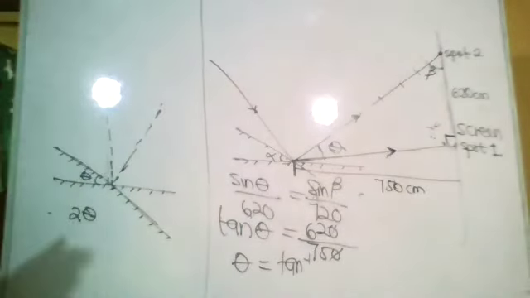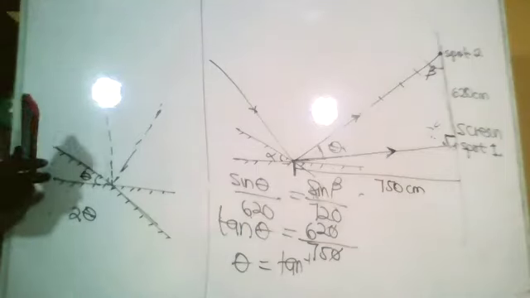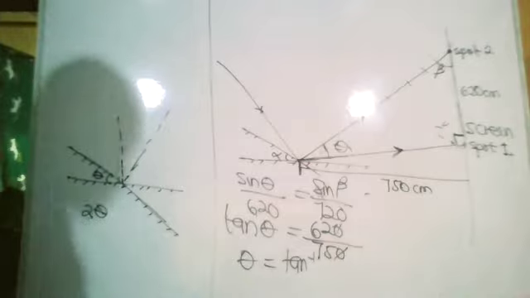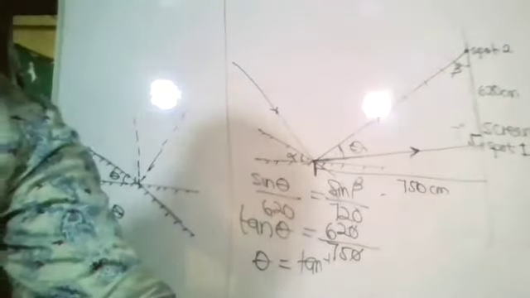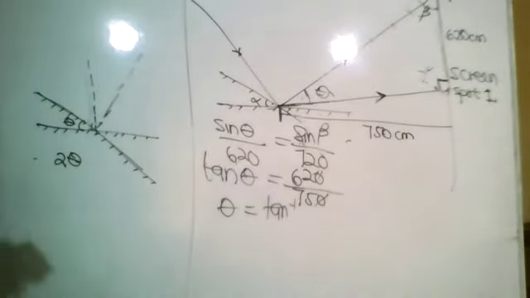Please do that for me. Take the tan inverse of 620 over 750. Please. I'm waiting for you. 39.5794.